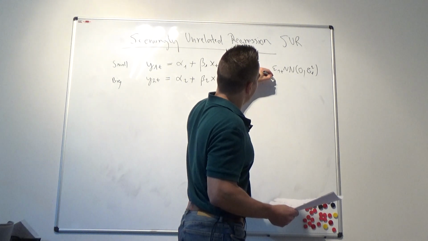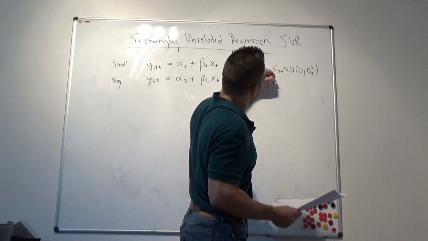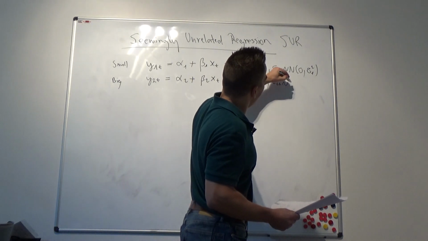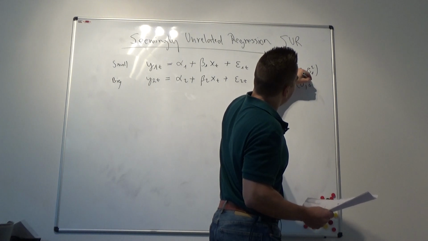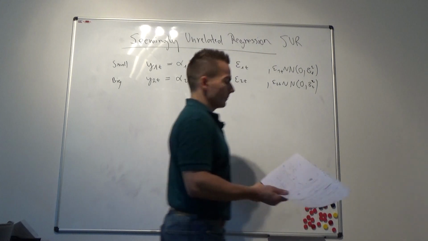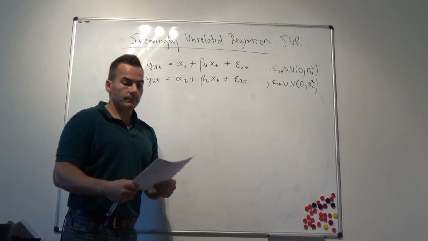residual term. So, and again, we can say our epsilon 2t follows a normal distribution with zero mean and sigma 2 squared as corresponding variance. So now we have defined our models here.